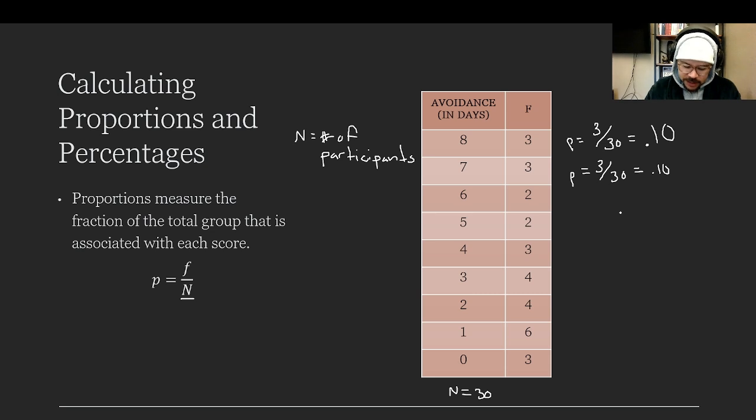For this next category, here's a really good example. P equals 2 divided by 30, which the answer is, from my calculator, 0.0666. It's technically 6666 a whole bunch of times and then 7.